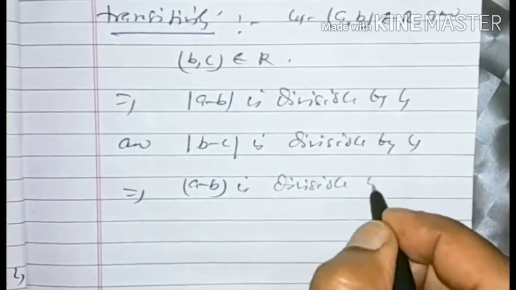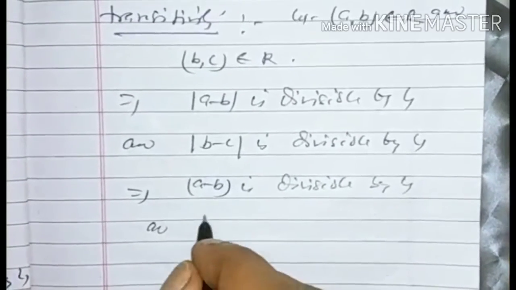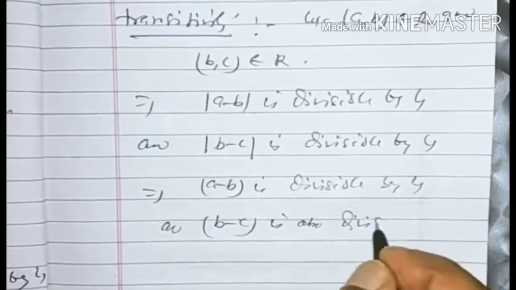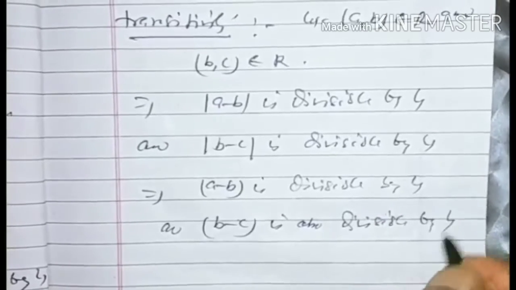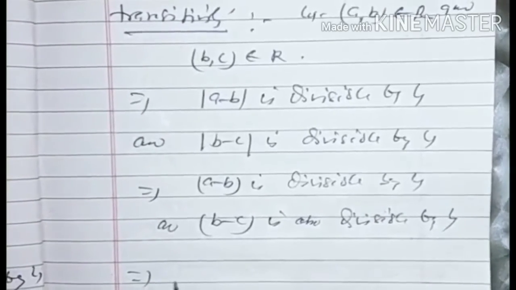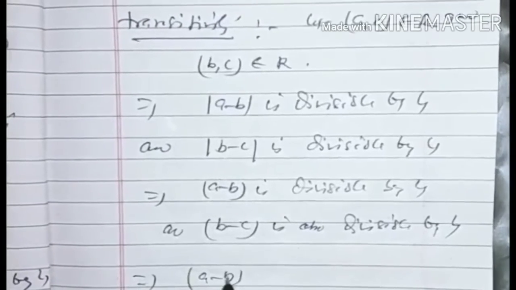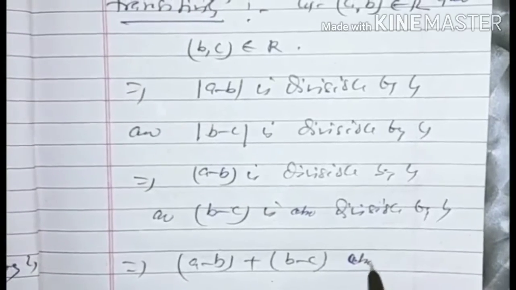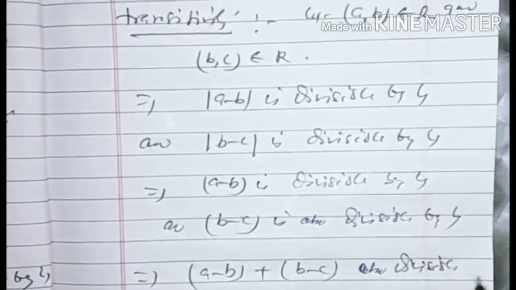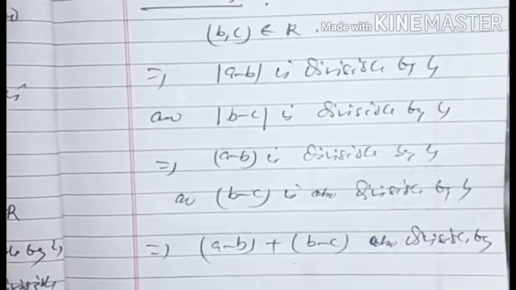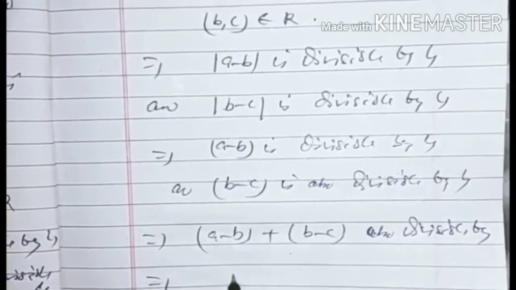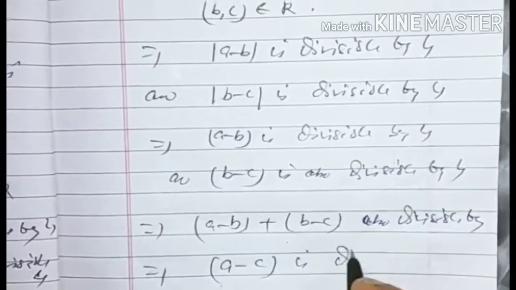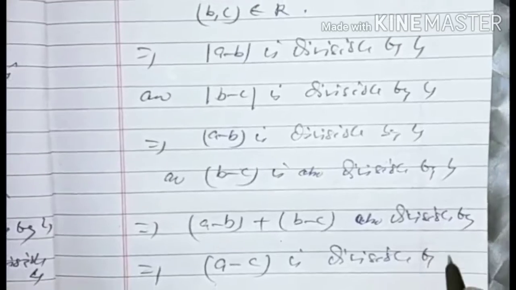and b minus c is also divisible by 4, and therefore this implies a minus b plus b minus c is also divisible by 4, and this is nothing but a minus c is divisible by 4.